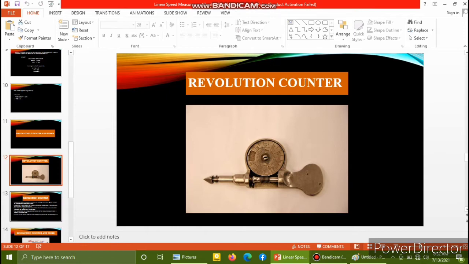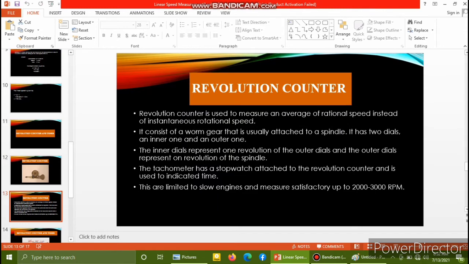The revolution counter is used to measure an average rotational speed instead of instantaneous rotational speed. It consists of a worm gear that is usually attached to a spindle. It has 2 dials, the inner one and the outer one.